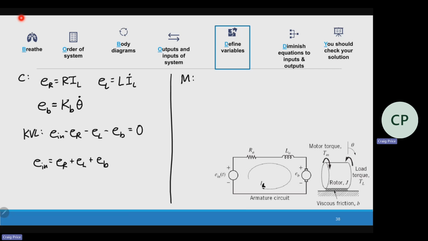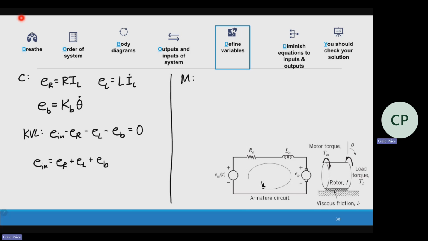That's the equation we're going to use on the next slide once we start putting it all together. But for now, we got everything we need. There's no current law, nothing splits. Everything's the same current. Okay.